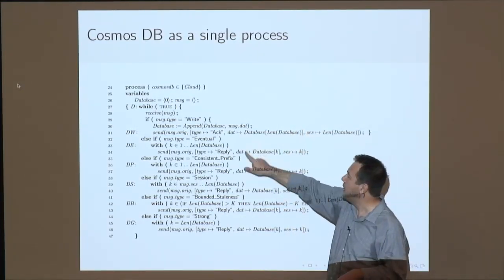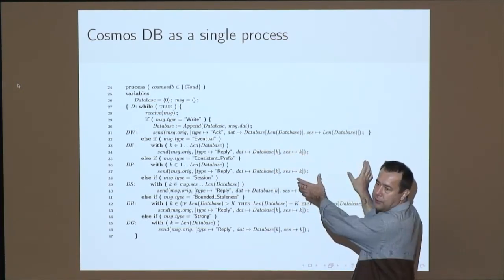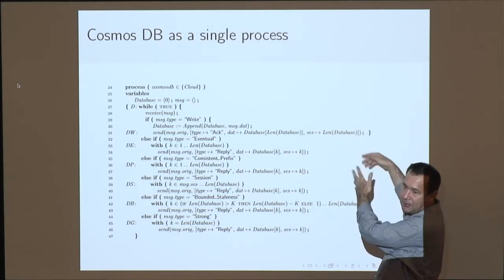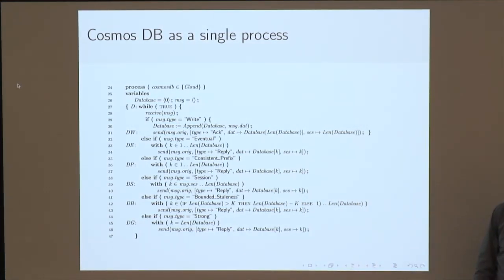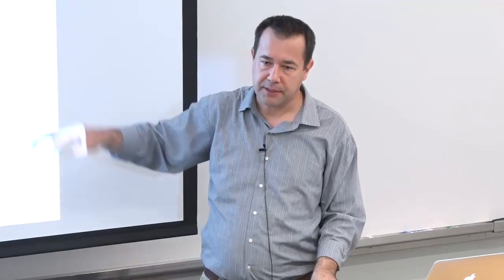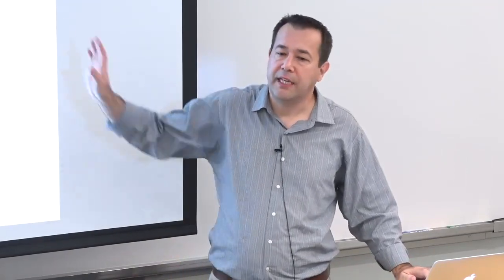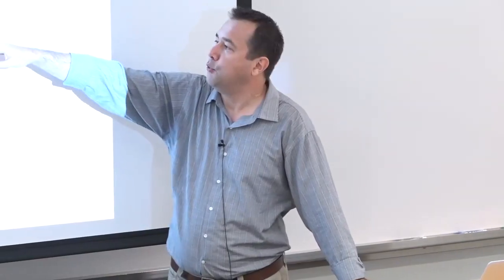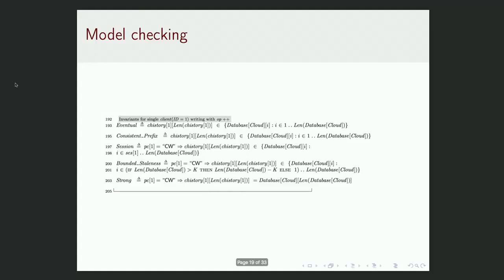Basically, we say that eventually, always, all the replicas have the same last state. That could be an example of a liveness condition. They converge to the same database. So are you modeling infinite executions for that? No, again with a limited number of invocations from the client. Up to a maximum. I'll come to that in the second one.